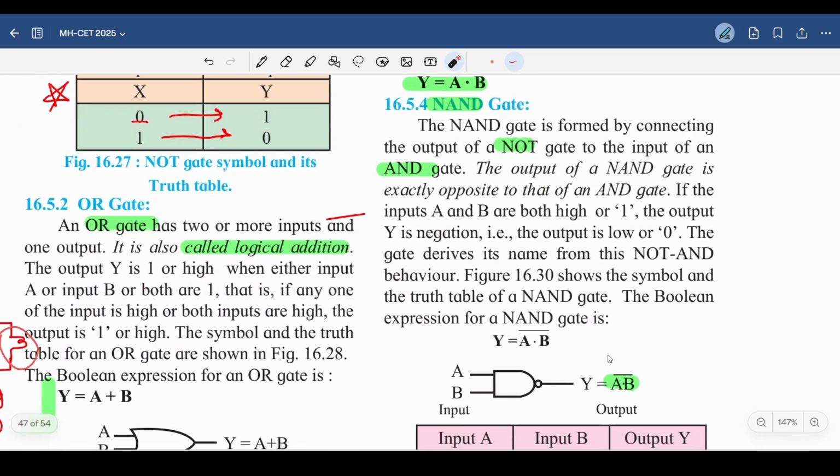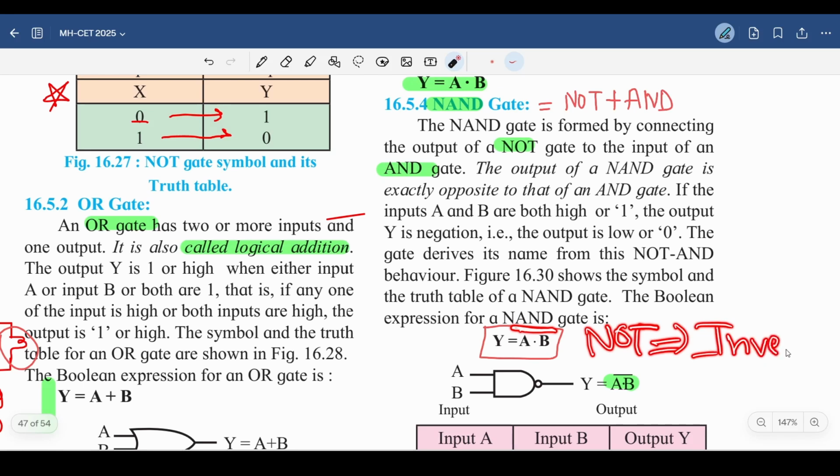Now next is the NAND gate. As the name says, NAND is nothing but NOT gate plus AND gate. Look at the equation: Y equals A and B with a bar. This bar is nothing but NOT, this bar is nothing but inverse.